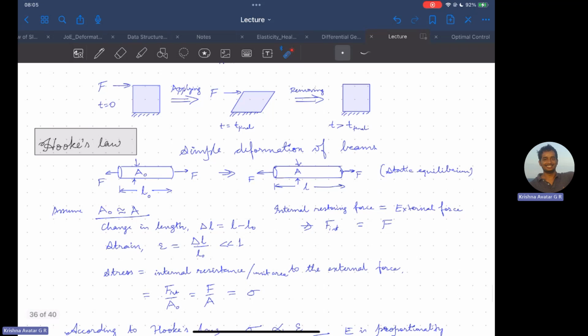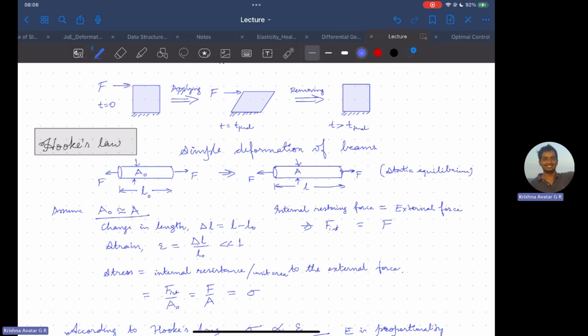Then we wanted to understand the link between how much a body is deforming and the force, right? So it's like finding a relation between force and the amount of deformation.